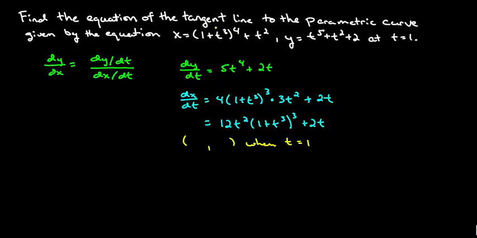Well, when t is 1 over here, I get 1 to the third, which is 1, plus 1 is 2, 2 to the fourth is 16, plus 1 is 17. And then here when I plug in 1, I get 1 plus 2 is 4. So this is the point on the graph that we're concerned with finding the tangent line at. So we have to find the whole tangent line, so actually we will need this point.